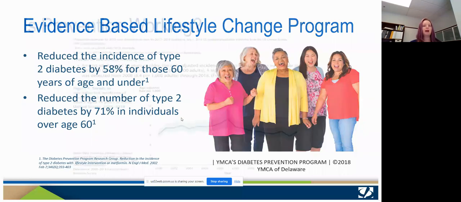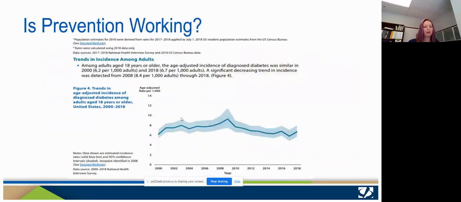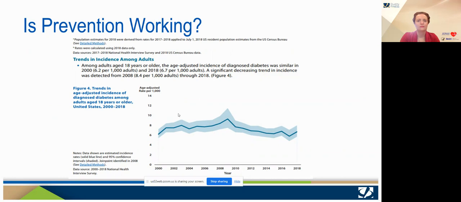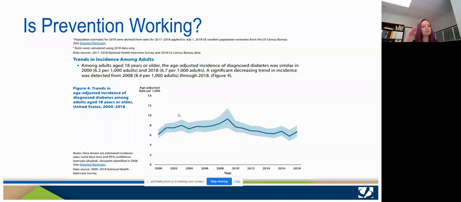And we'll see a little bit about whether prevention is working or not. So this is a little scale here. I know it's tiny and I apologize for that. But you can see in about 2009, 2010, the new incidence of type 2 diabetes really spiked, and then we start to see this nice decline.